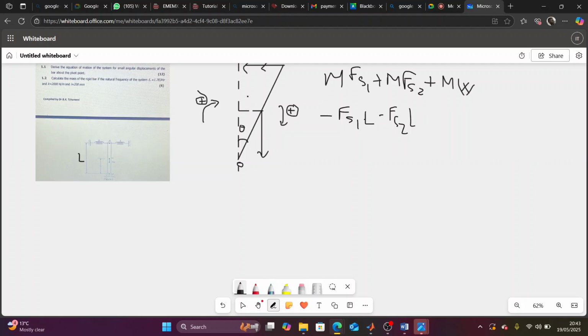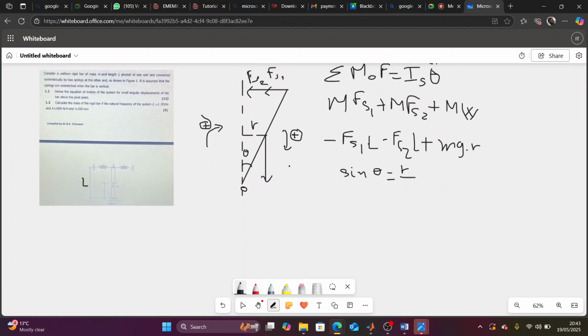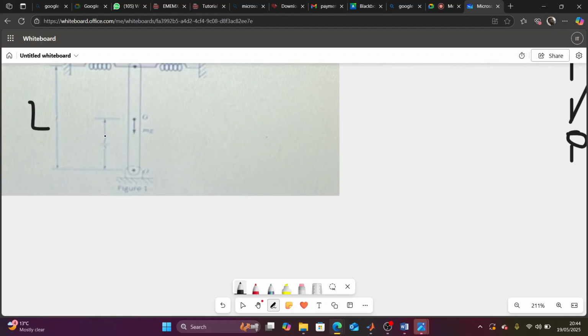So we can call this distance here r. So basically we have plus mg multiplied by r. So how do we solve for r? We can see this one makes a right angle triangle. Sine theta gives you r over the hypotenuse. What is the hypotenuse? Remember, the weight is acting at the center of the bar, which is at distance L over 2.